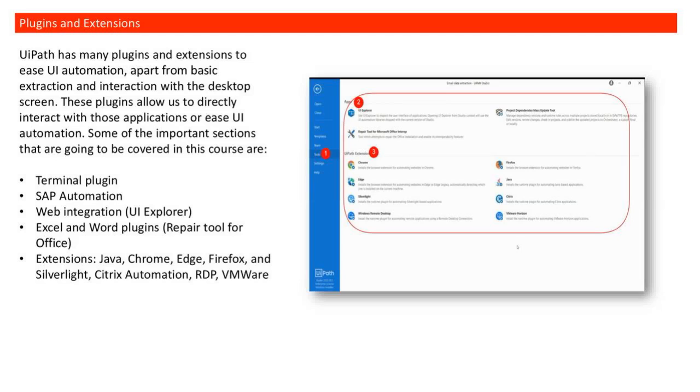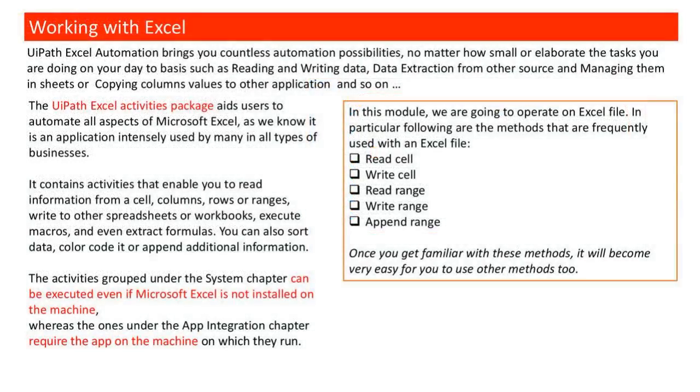If you click on the home of your UiPath Studio and go to the tools, you should be able to see all of these extensions, from where you can install them quickly. There is no special instruction here. The only thing you need to do is click on the extension and it will automatically install.